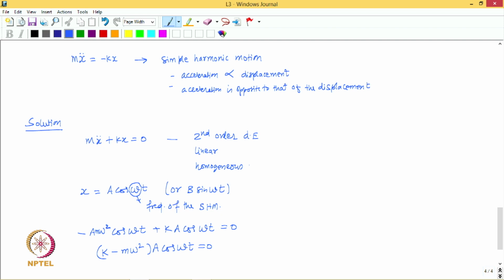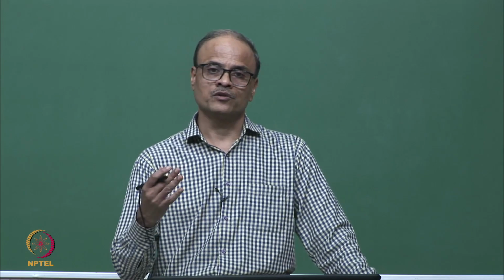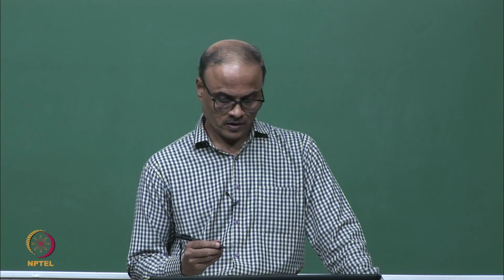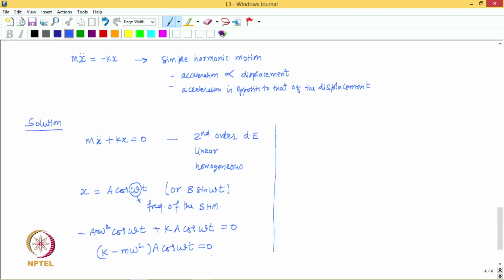So, in this case we see that a cos omega t obviously cannot be 0, because if that is 0, the displacement x becomes 0, and then it would not represent the vibratory motion of the system, which actually is the reality, and hence a cos omega t cannot be 0. The only way this equation can be satisfied is when k minus m omega square is equal to 0, which means omega square is equal to k by m, or omega is equal to square root of k by m.